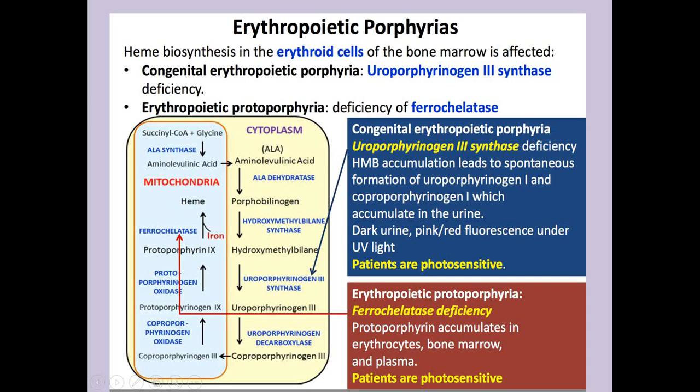Here, the patient usually presents with dark, pink or reddish colored urine, and the patient has photosensitivity. Ferrochelatase deficiency can occur and the patient presents with photosensitivity.